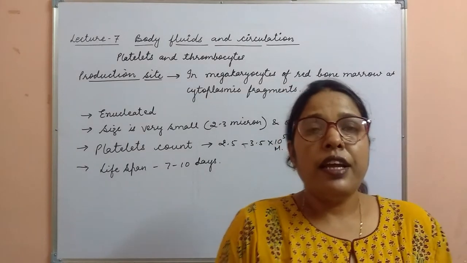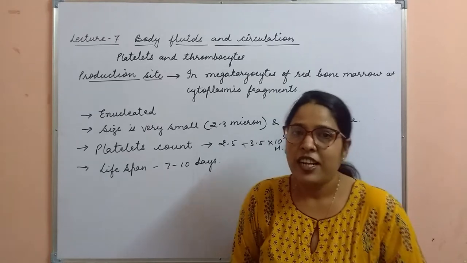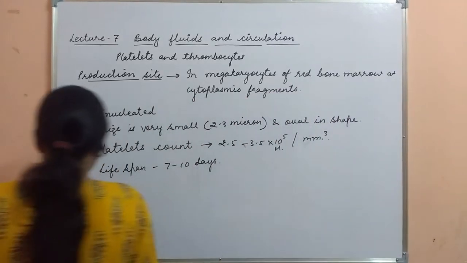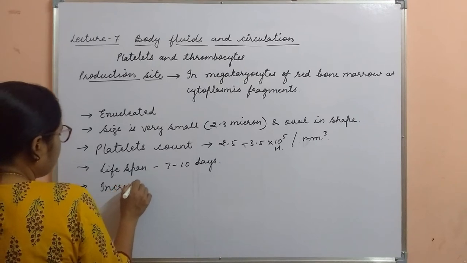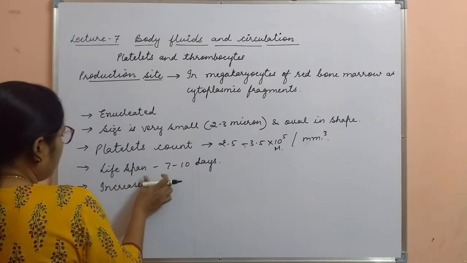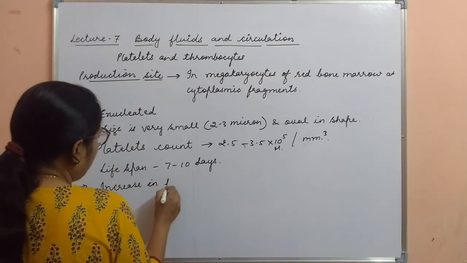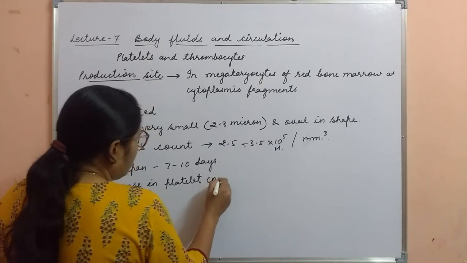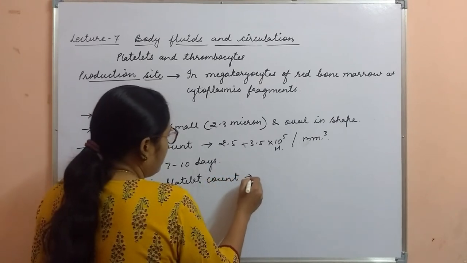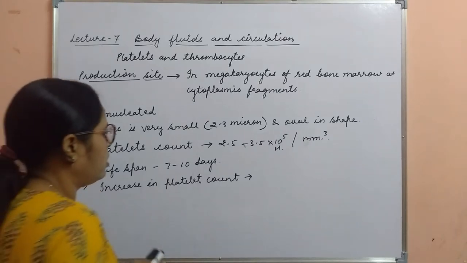Next, increase in the number of platelets. Now what is the condition? When the number of platelets, the platelet count, gets increased in the body, that condition is called thrombocytosis. Clear?